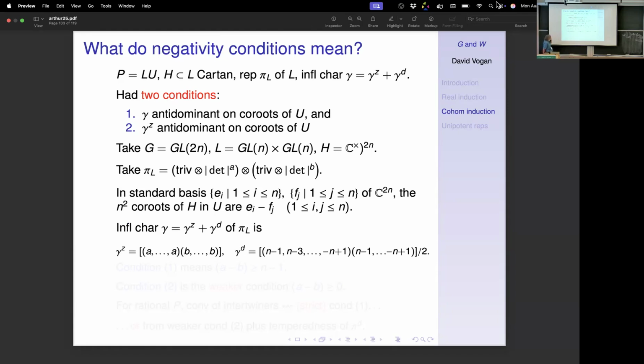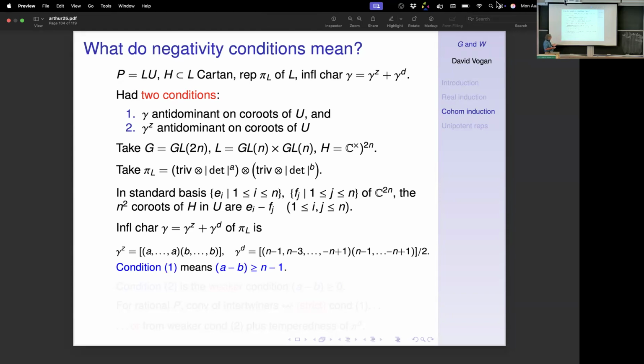So the infinitesimal character of the representation I've written has a central part, which looks like this, A, coming from the determinant, and the infinitesimal character of the trivial is written over here.